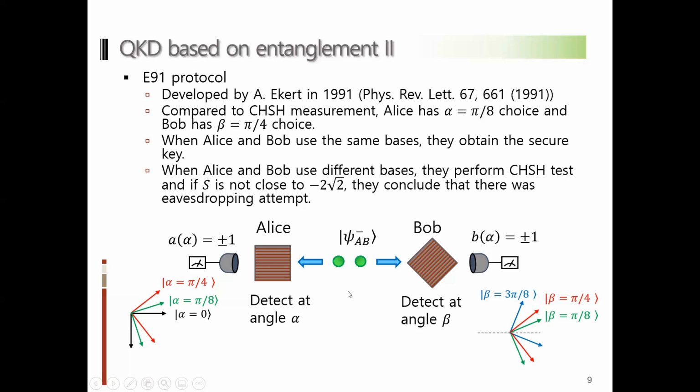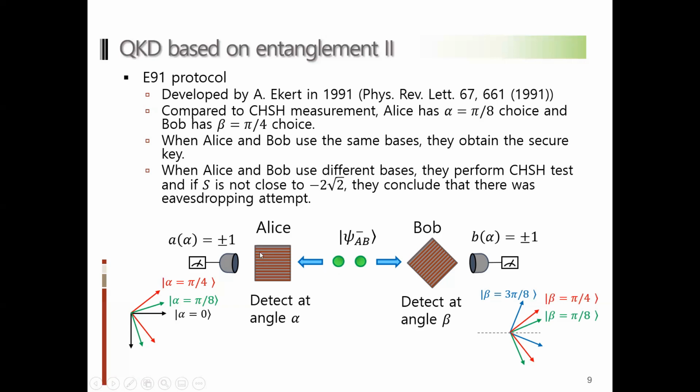Instead of using BB84, if we can distribute the entangled state over a very long distance, and I already showed you that this can be extended by using the quantum repeater, with the entangled state again, then entanglement can be created over very long distance.